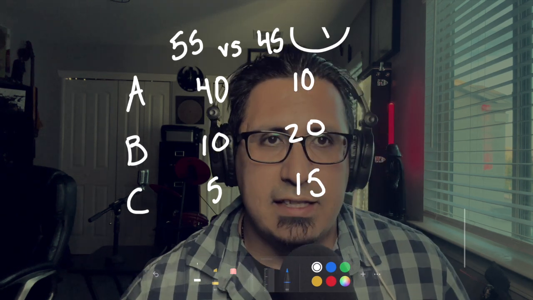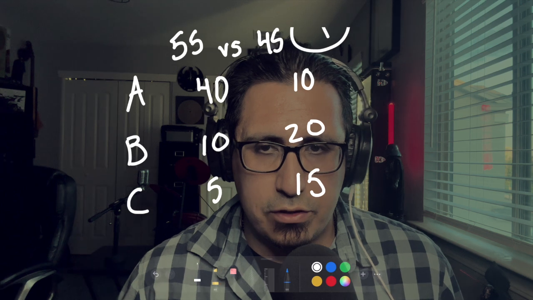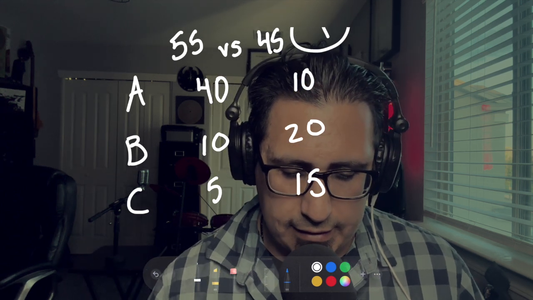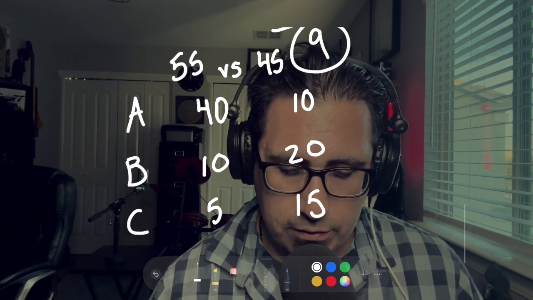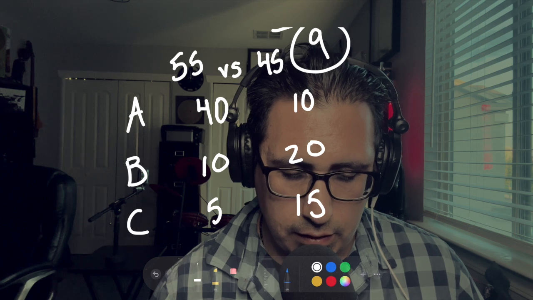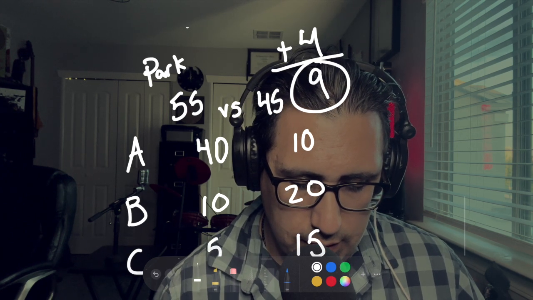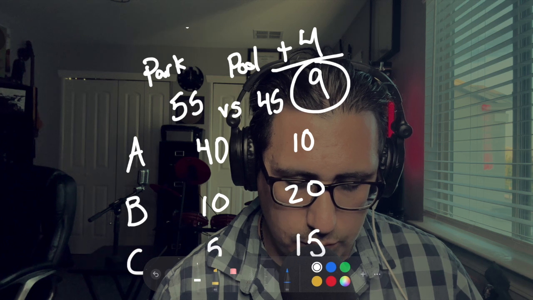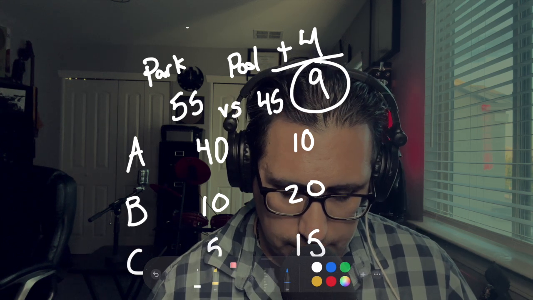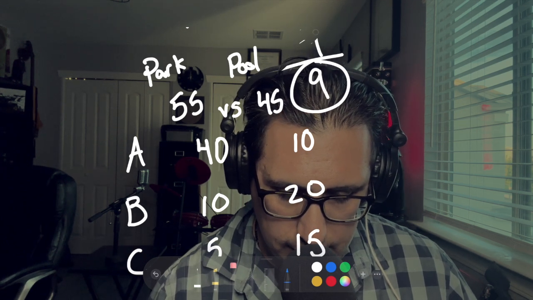So now, one thing they've opted to do is to go with the popular vote. So this one was park and pool. I'm going to erase this just to help us out a little.